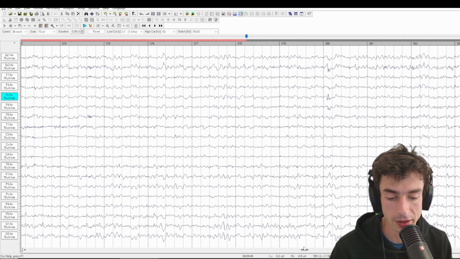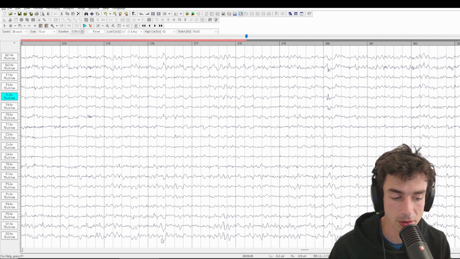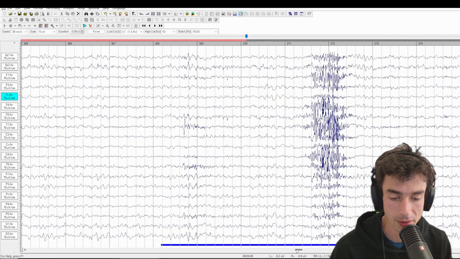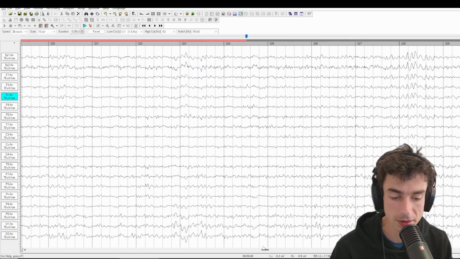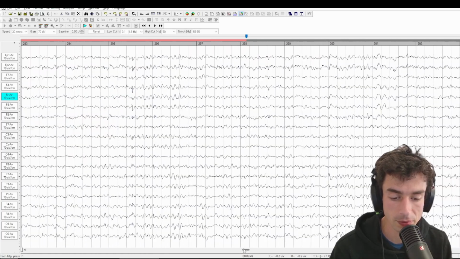Is it an issue? I don't know. Right? So this type of thing is probably lambda activity, which will kind of throw off the FFT since it's non-sinusoidal.